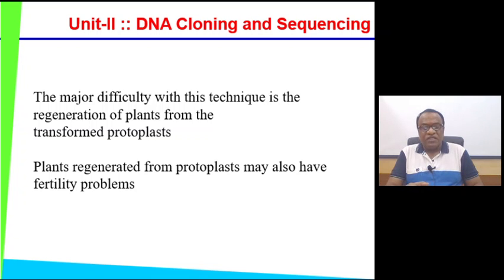Each of these methods has its own limitations, and there are possibilities to overcome them. But the most commonly used method is Agrobacterium tumefaciens for transformation of the gene of interest, and ultimately regeneration and creation of the transgenic plant.